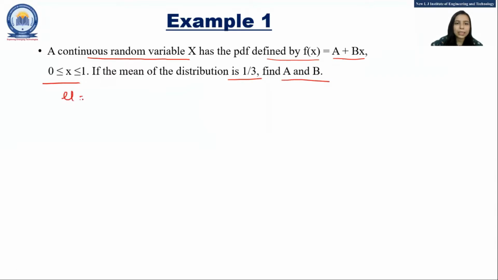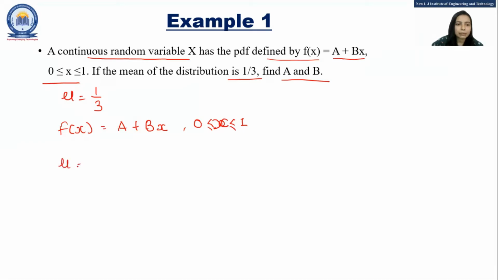So here the value of mean is given, that is 1 by 3, and the f of x is also given, that is a plus b into x, where x lies between 0 and 1. That is the range for the x. So mu is also given and f of x is also given. We have to find a and b.